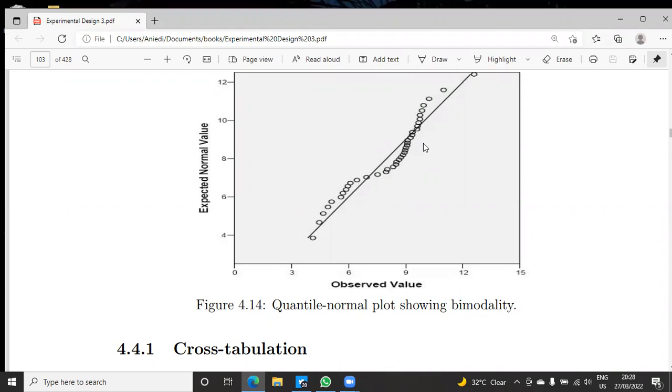So this set of data is being plotted against an expected normal value.